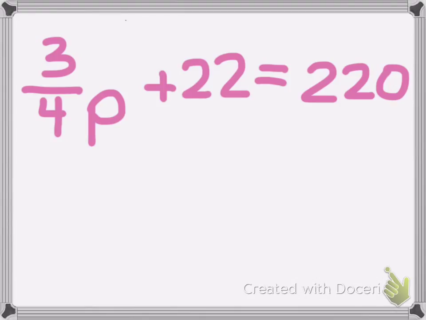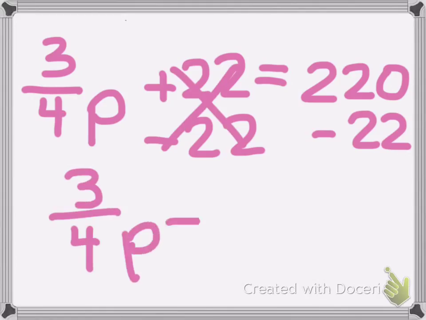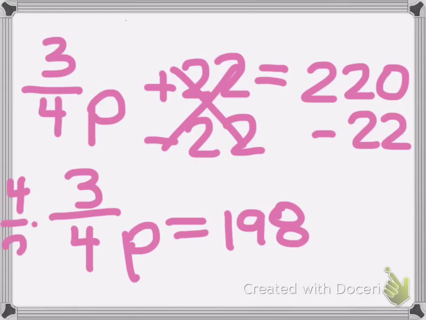Again, I'm looking to get the variable by itself here to solve, so I'm going to have to subtract the 22 first, bring down what I have left over, and 220 minus 22 is 198. And to cancel out a fraction next to the variable, I'm going to do multiplying by its reciprocal on both sides.